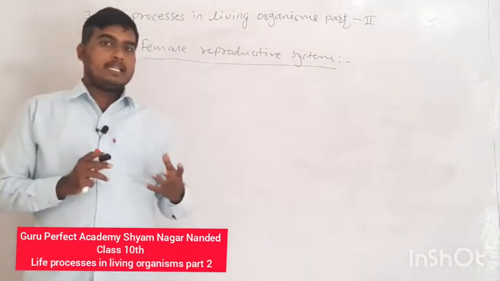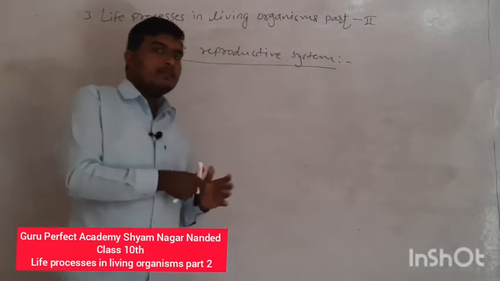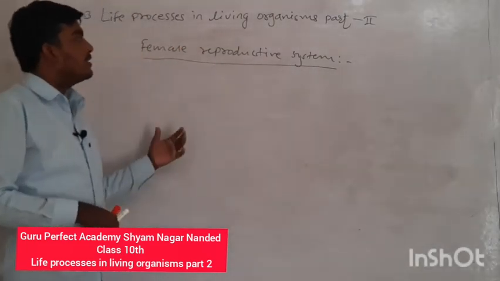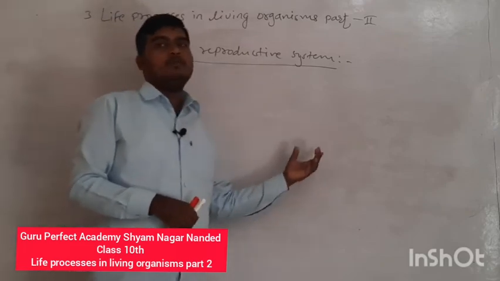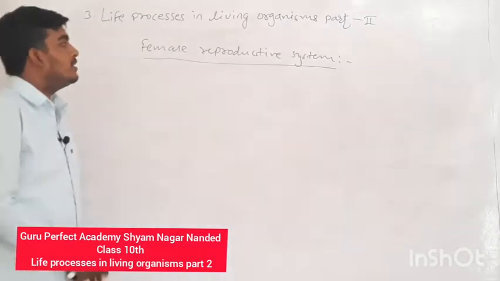First is a male gamete and second is a female gamete. Sperm means male gamete. Now we have to learn how the female gamete is formed, that is called ova. We can say ovum is formed.